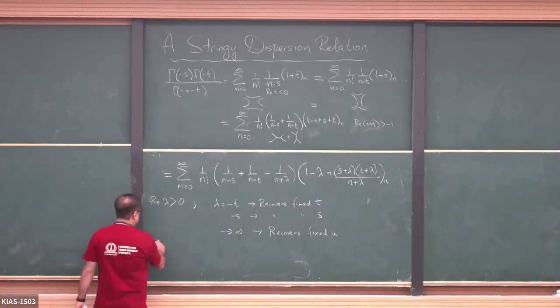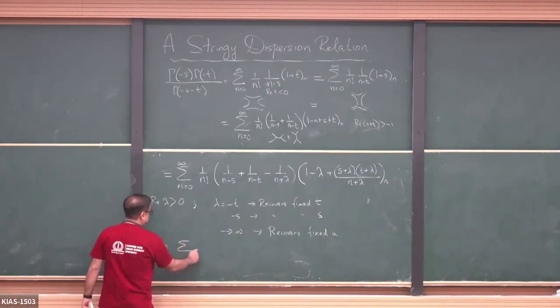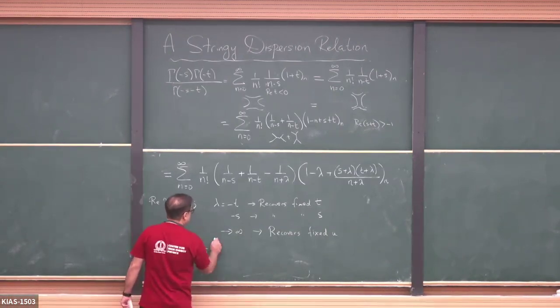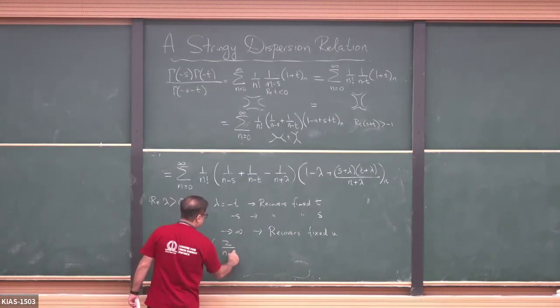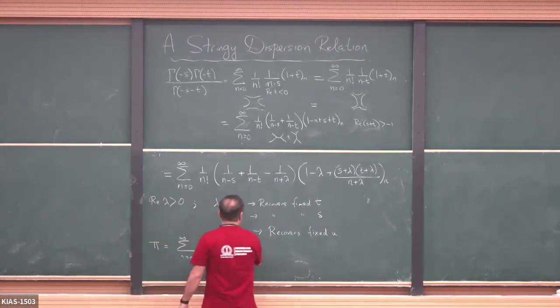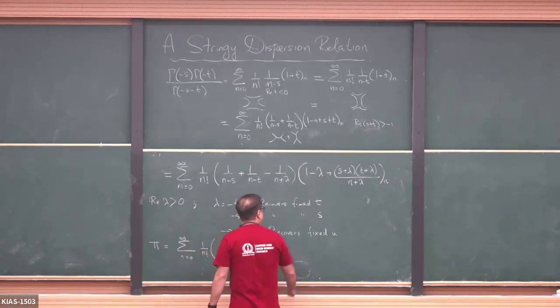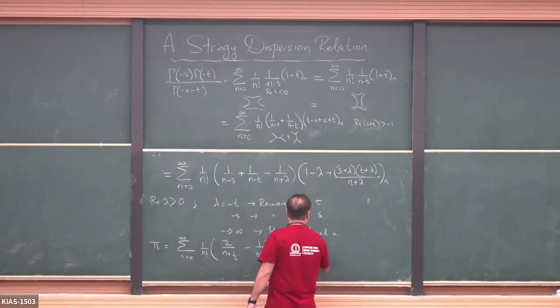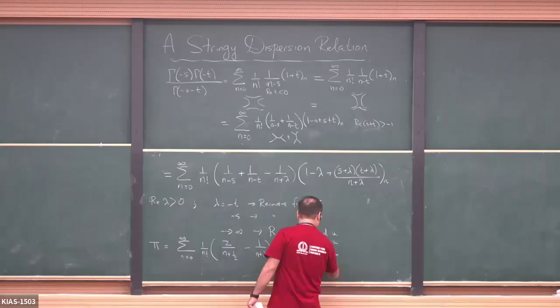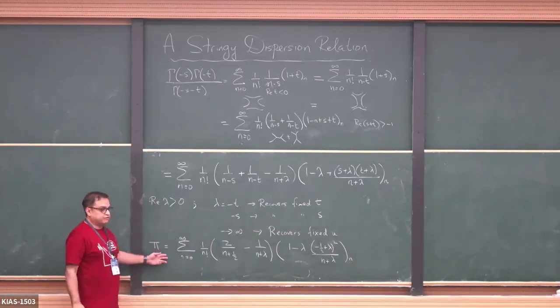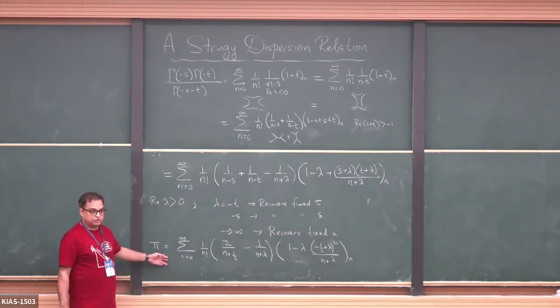And so you basically have pi equal to the sum from n equals 0 to infinity of 1 over n factorial times 2 over n plus half minus 1 over n plus lambda, and then this becomes 1 minus lambda minus a half plus lambda squared. So this gives you a nice infinite series formula for pi.